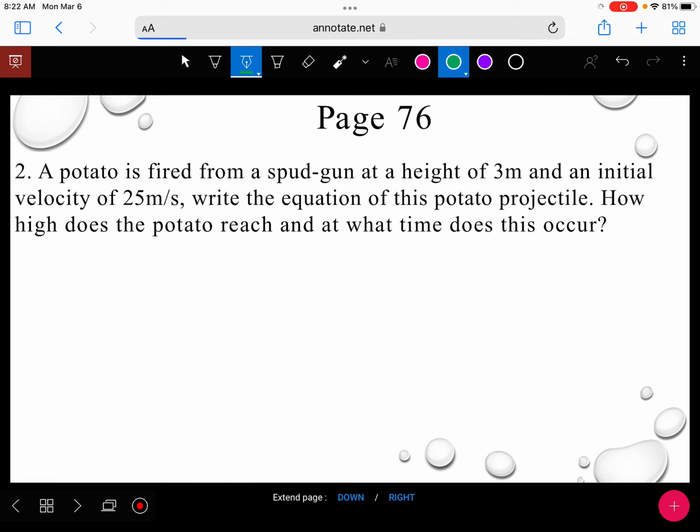We're going to fill in another equation. We've got a potato fired from a spud gun at a height of 3 meters and an initial velocity of 25 meters per second. We're going to write the equation of the potato projectile, and I want to know, how high does the potato reach? And see if we can figure it out.